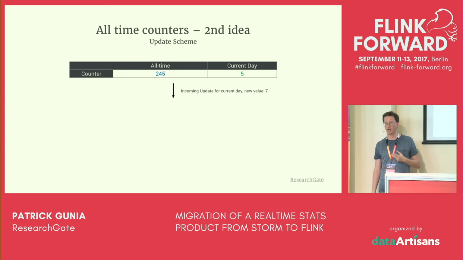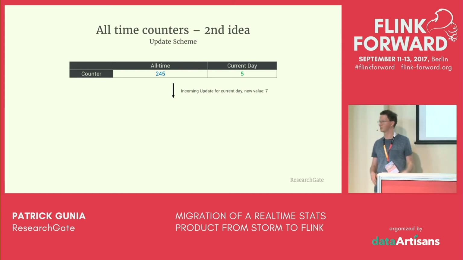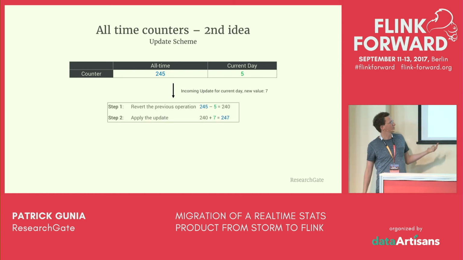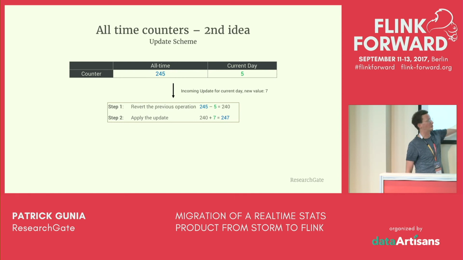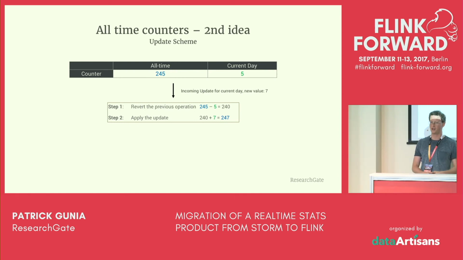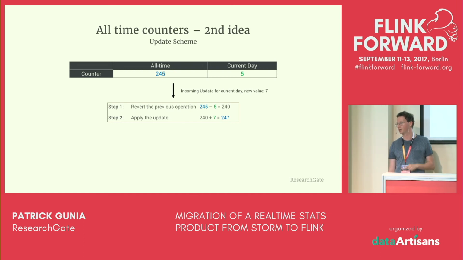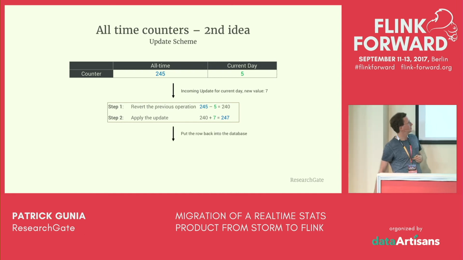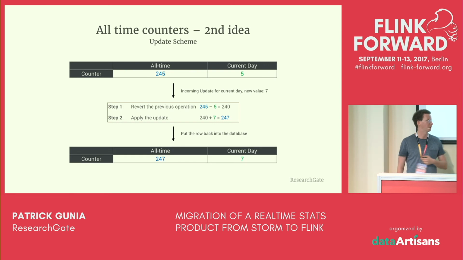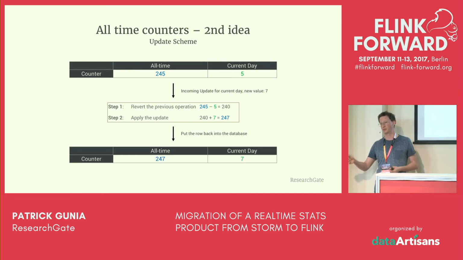The reads for that day will increase to 7. So how do I update this all-time number? Simple math. I revert the previous operation, so 245 minus 5 is 240, and I apply the new value for that day. Then we put the row back into the database, which gives us the all-time of 247 with the current day of 7.